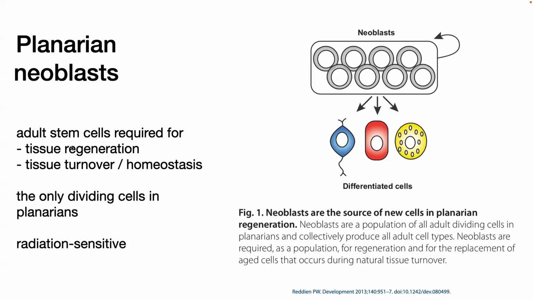And importantly, they are also sensitive to strong radiation. So you will see in my next slides that historically, strong X-ray radiation has been used to completely ablate these cells in planarians.